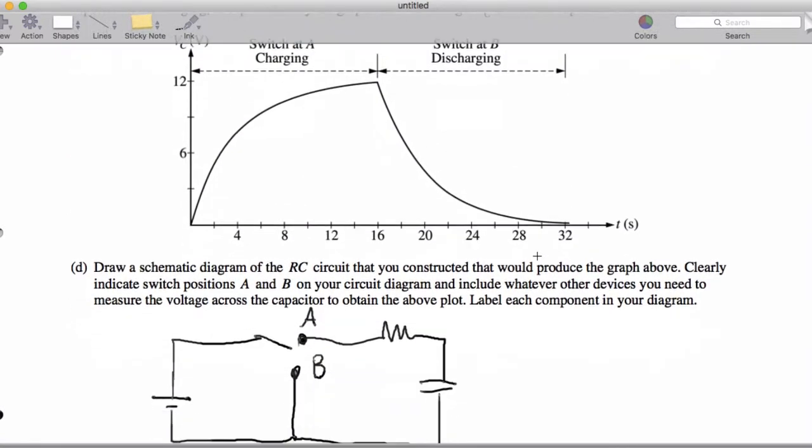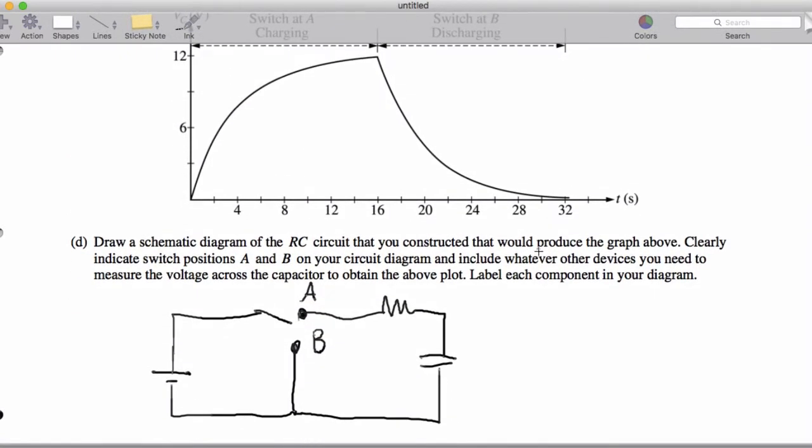So that is the schematic. Let's make absolutely sure we have this right. So this will charge it. No, got that switch just a little bit off. We'll put the switch here, and then this is B.